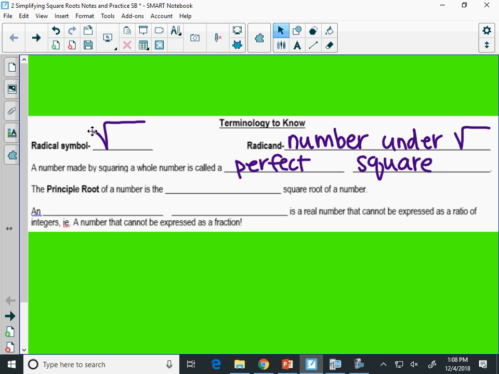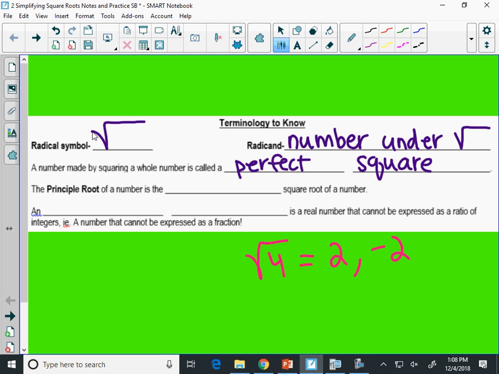Now, technically, when you take the square root of a number, how many answers are there? If I were to square root 4 here, technically, how many answers are there? There's 2. You would get positive 2 and negative 2, right?